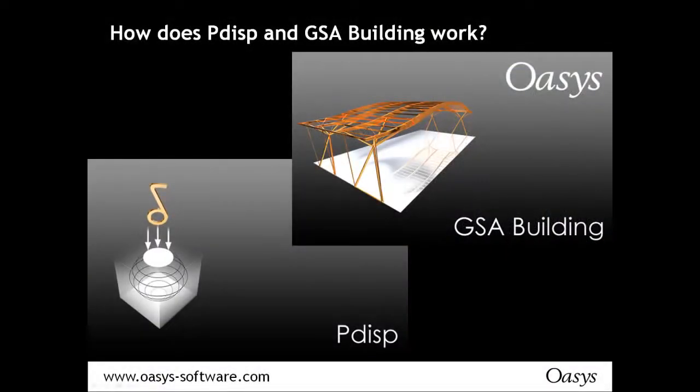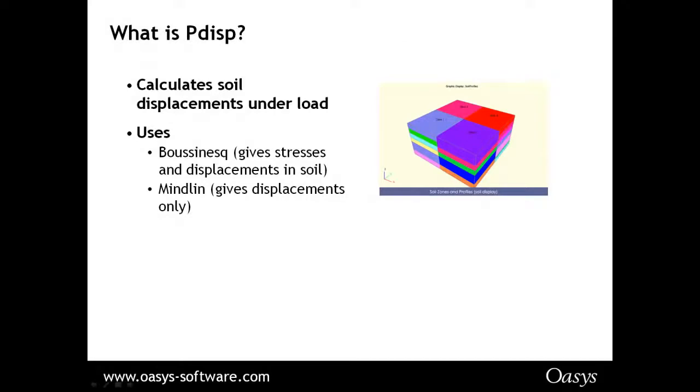So how does PDISP and GSA work? Well, it's a combination of two programs. The first one is PDISP, Pressure Soil Displacement. It's one of our geotechnical programs, which gives soil movement under load. It uses two methods, Boussinesq and Mindlin. Each has its advantages and disadvantages, or strengths and weaknesses.